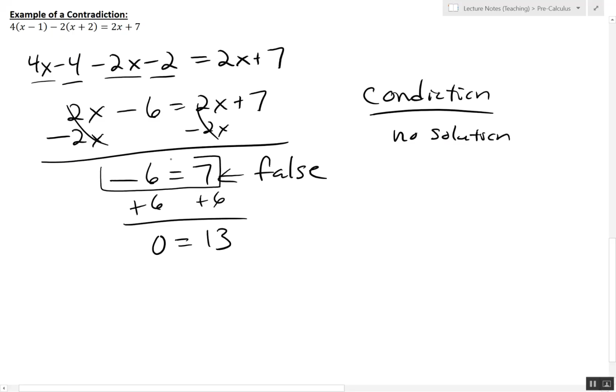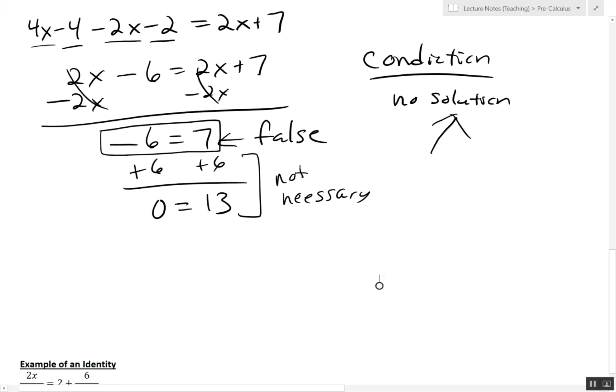So once you get to this step here, you can say, well, that's not true. Negative 6 doesn't equal 7. This is a contradiction since all the x's are gone, and there's no solution. So really, this step is not necessary. But not false either, in the sense that you can add 6 to both sides, you still just will get a false statement.